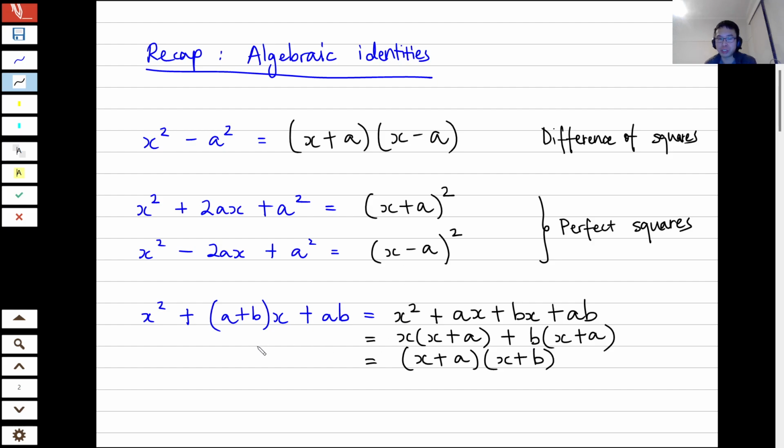And what I want you to note is these two numbers a and b add up to the middle term, a plus b, and they multiply to ab. So I'll just write this maybe in a different color so that it's clearer.